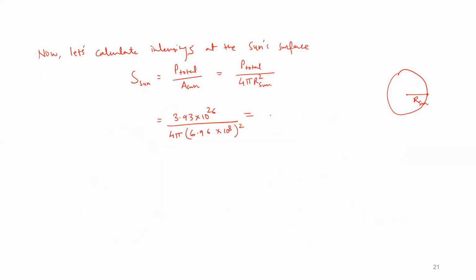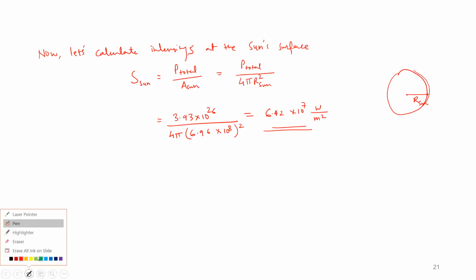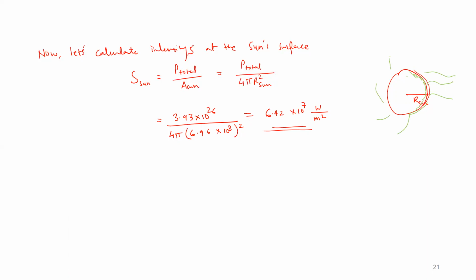That comes out to be 6.42 into 10 to the power 7 watt per meter square. This is the intensity of electromagnetic waves at the sun's surface, the surface from which the waves are emitted in all directions.